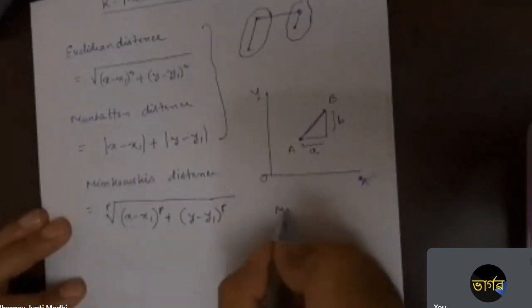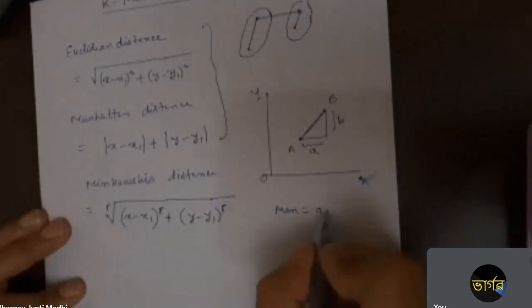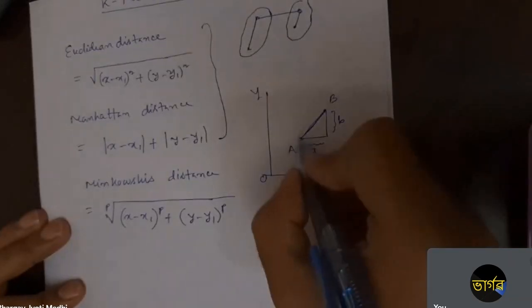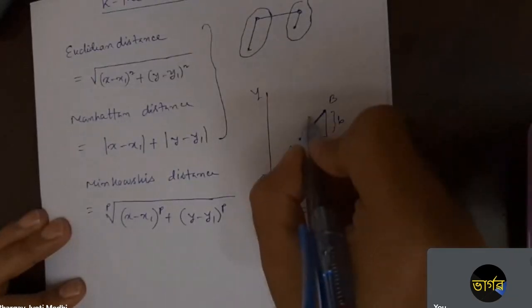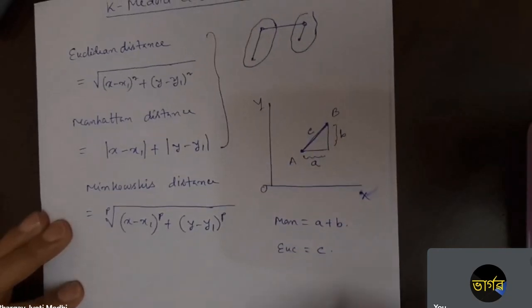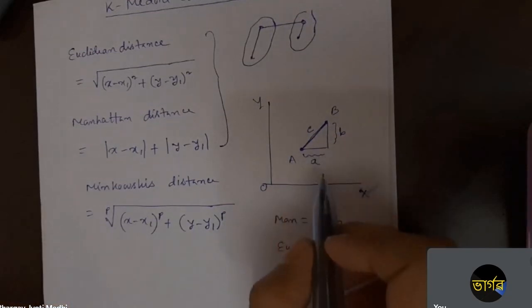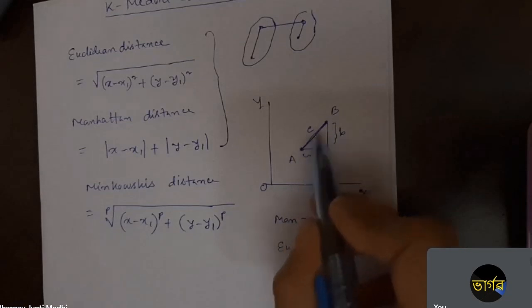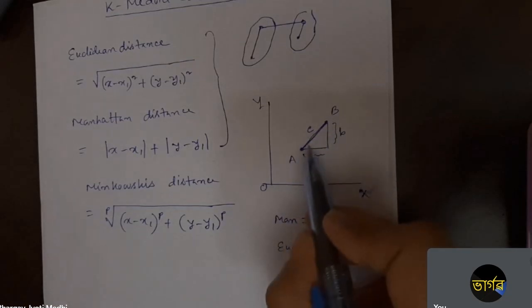And if you denote the straight line by small c, then the Euclidean distance will be small c. That is the difference, but both are going to give you distances only. The Euclidean distance is the straight line or shortest distance, and the Manhattan distance is the sum of the perpendicular distances.